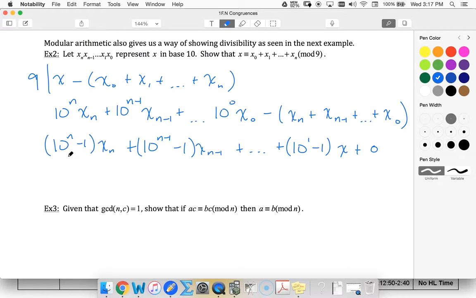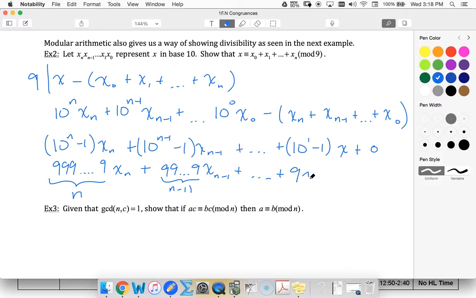So notice that this 10 to the n is going to be a 1 with n zeros at the end. I subtract 1, I'm going to end up with a number that's a bunch of 9s. In fact, I'll have n of them times x sub n plus, same thing, n minus 1 9s times x sub n minus 1, all the way down to 9 x sub 1.